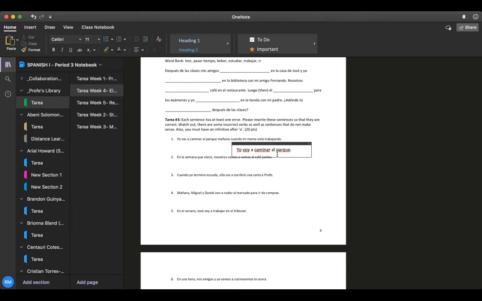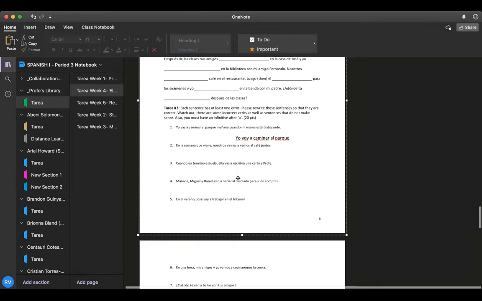Okay, I am going to, right? This says you are going to, but we changed it to I am going to because yo is the subject and voy is our verb. Voy is our verb. Notice how we kept caminar together. Caminar is the infinitive.